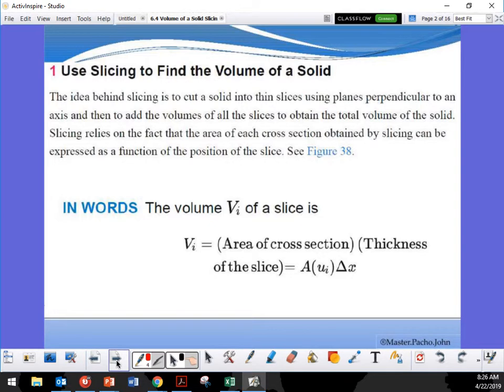So, volume of a slice: area of a cross-section, so I need to know the shape of the cross-section and be able to find the area of that. If it's a square, I use the area of a square. If it's a triangle, the area of that. And thickness of the slice, which would be my delta x.